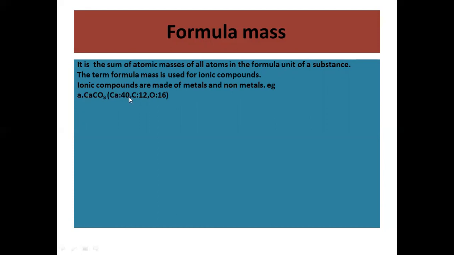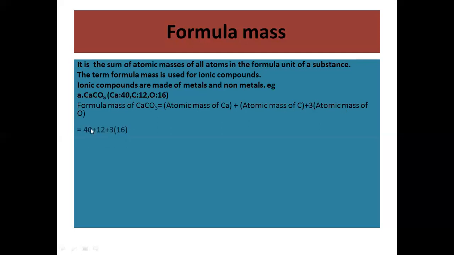Atomic mass of calcium is 40, carbon is 12, oxygen is 16, and the number of atoms of calcium is 1, carbon is 1, but the number of atoms of oxygen is 3. So the atomic mass of calcium plus the atomic mass of carbon, there is no need to mention that one atom, and 3 atoms of oxygen are there, so 3 into the atomic mass of oxygen.